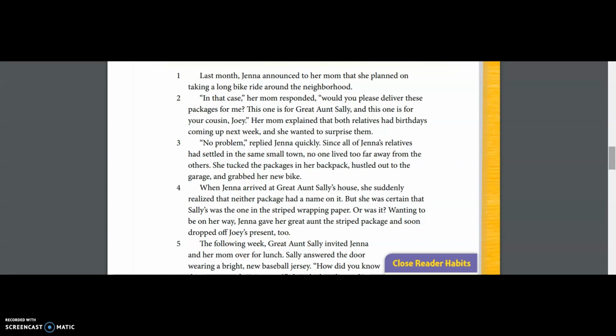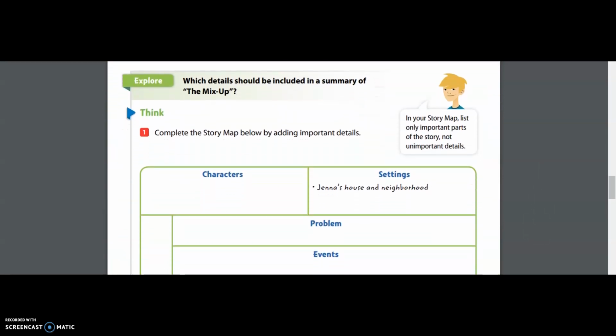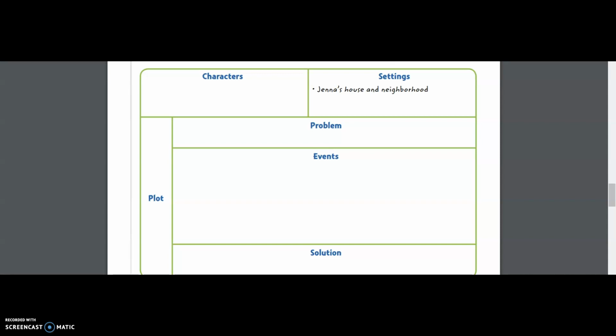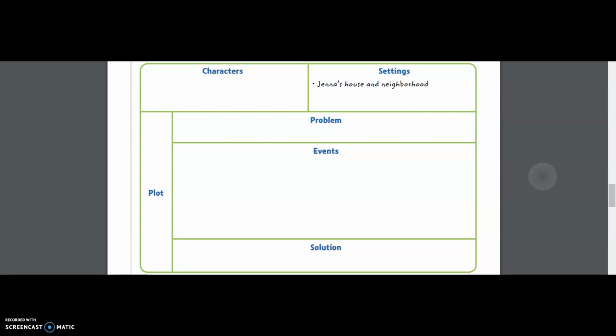So our goal today is to take this story of The Mix-Up and to write a summary. We're going to do this by utilizing that same story map that we saw yesterday. This story map really helps us because in order to write a summary, you have to answer those key questions: who, what, where, when, why, and how.